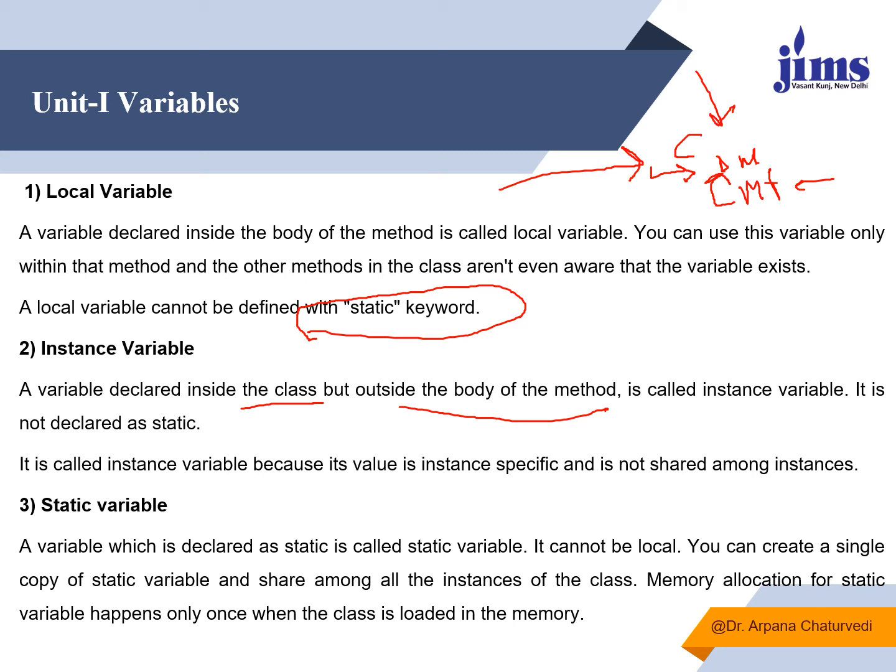Whereas static variables are those variables which use the static keyword to declare themselves. They cannot be local. You can create a single copy of a static variable and share it among all the instances of the class. Memory allocation of static variables happens only once, when the class is loaded in memory.